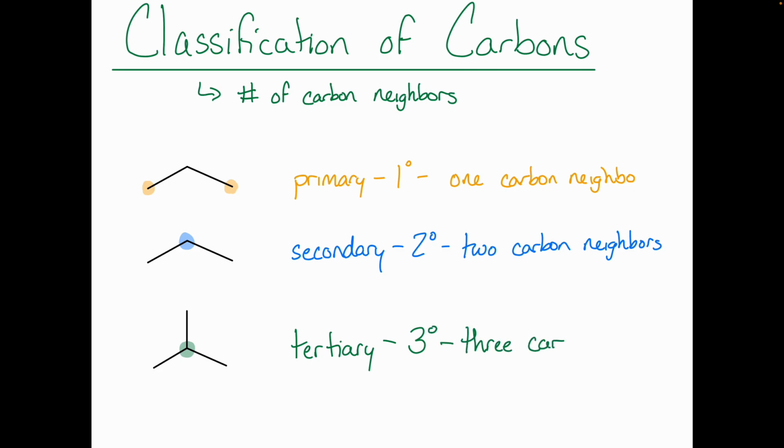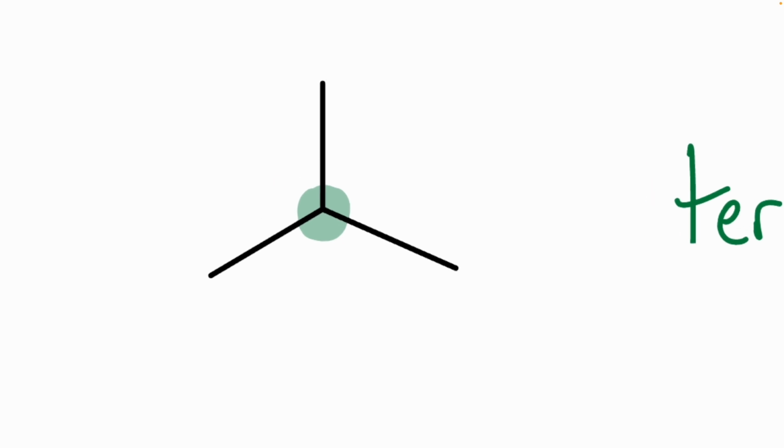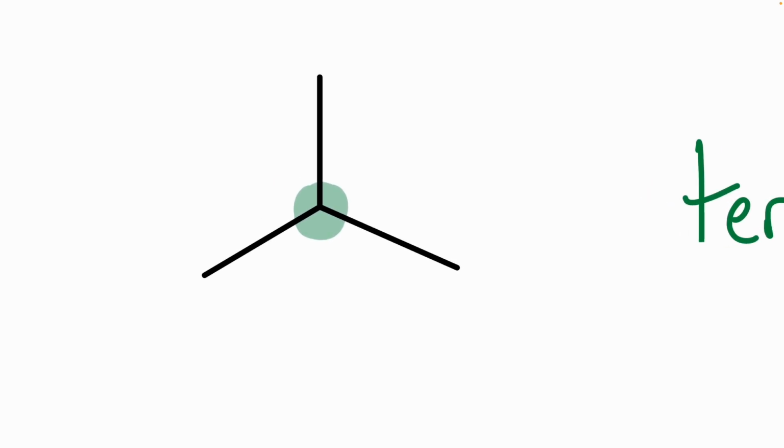It's got 3 carbon neighbors. Just for the sake of practice here, the one in the middle is a tertiary carbon. What are the other 3 carbons in this molecule? Primary, right? They're all just bound to that one carbon in the middle. Cool.